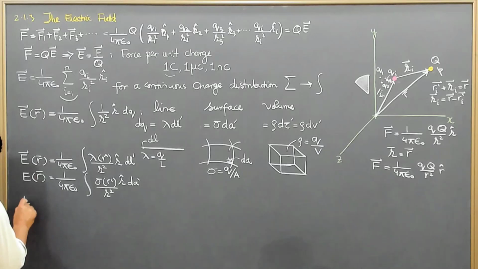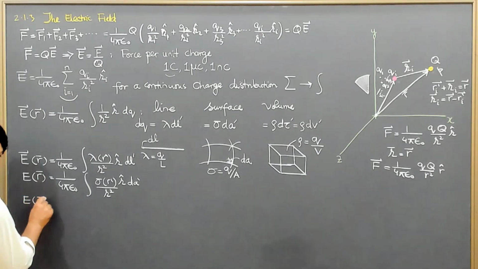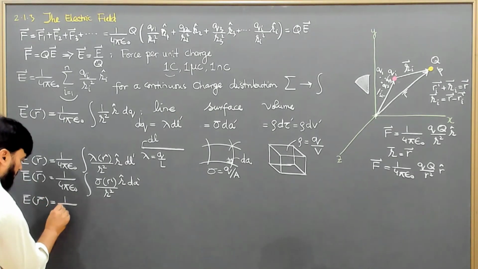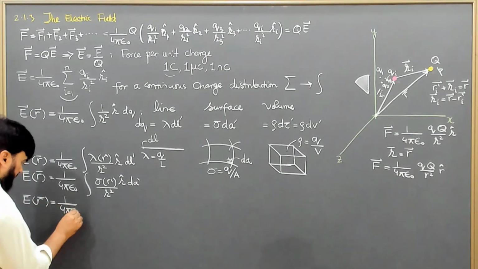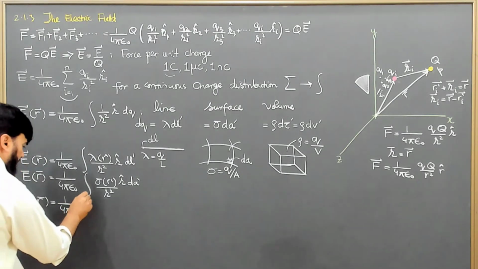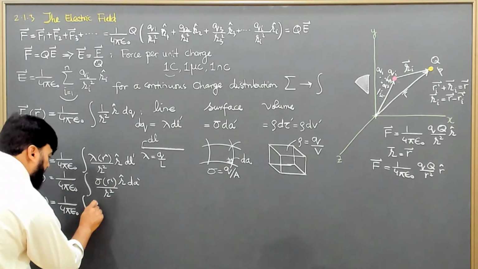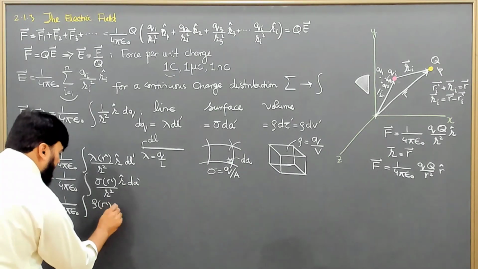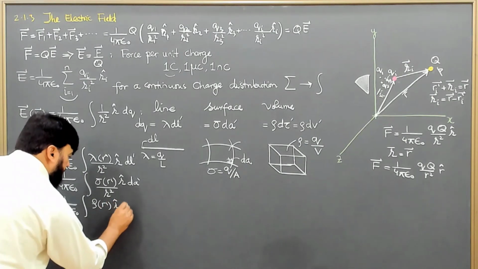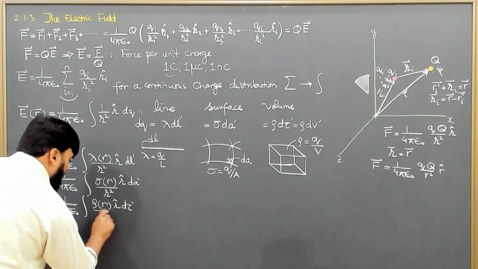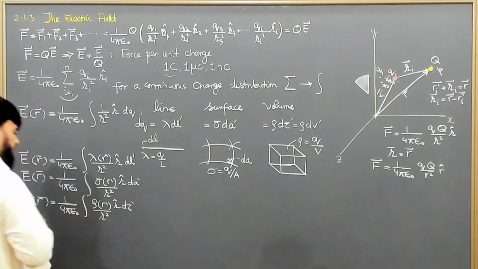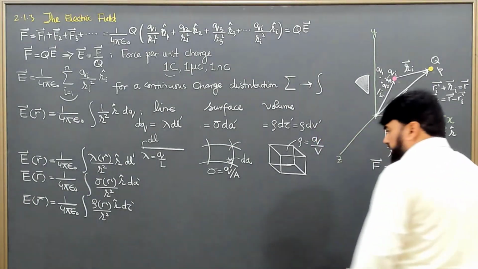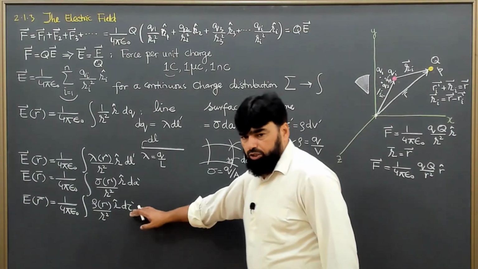Similarly, for a volume, E of r equals 1 over 4 pi epsilon naught integral of rho at r prime, the volume charge at r prime, times the r unit vector, d tau prime over r squared. So this will give the electric field of a volume charge distribution.